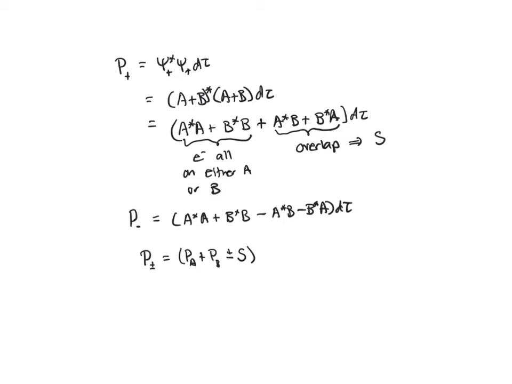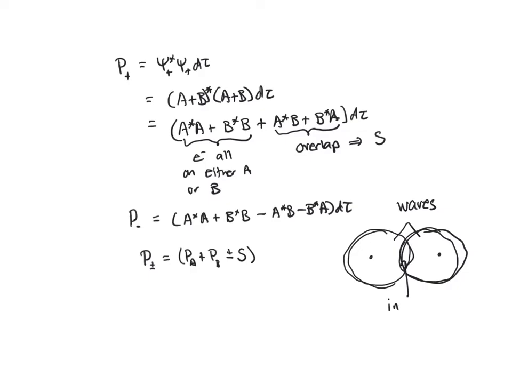Physically, the way to think about this is that I have a 1s probability distribution around A, and a 1s probability distribution around B. Remember that these are waves, and when they overlap, they can either be in phase or out of phase.